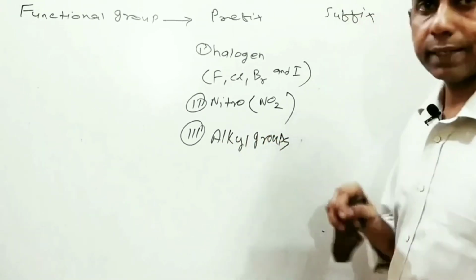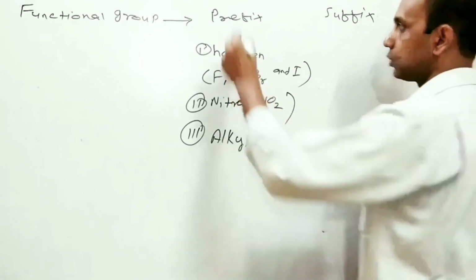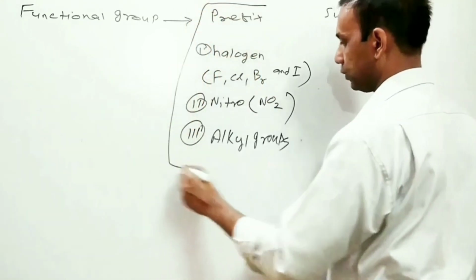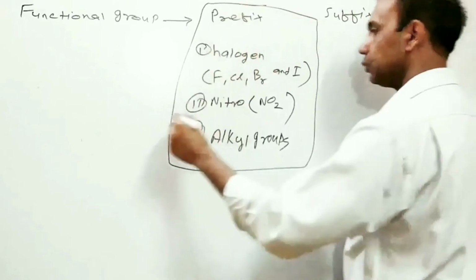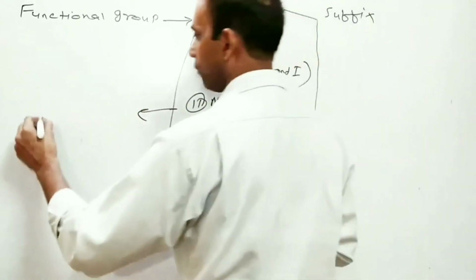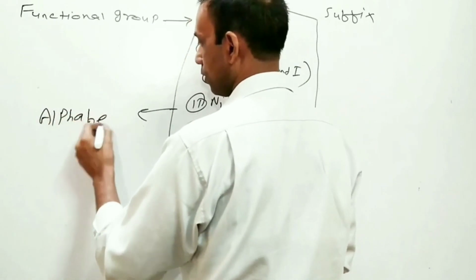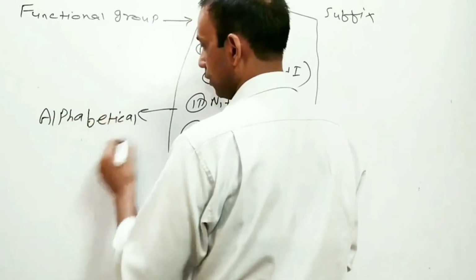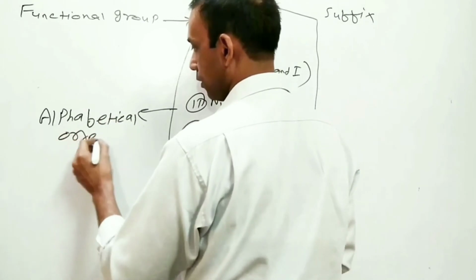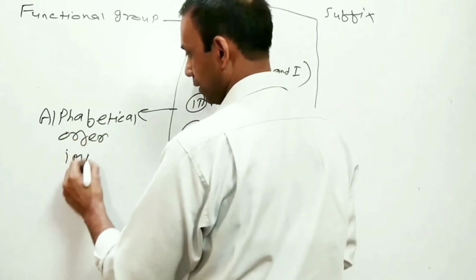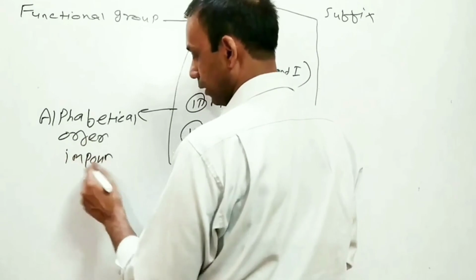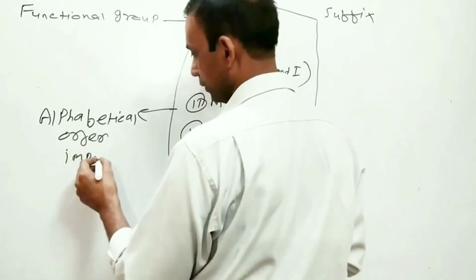These are the groups which are always used as a prefix, based on alphabetical order. You need to understand that they are used on the basis of alphabetical order, alphabetical importance, right? I'll use it and then I will let you know how useful this is.